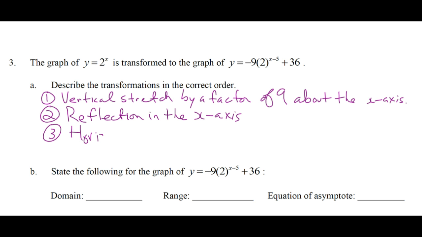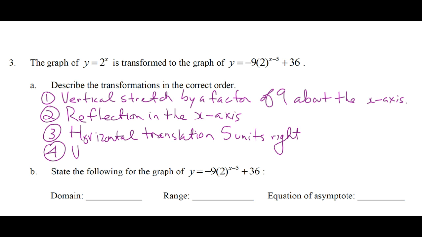So horizontal translation. You just have to say which way how much or how much which way, so 5 units right. And lastly, vertical translation.